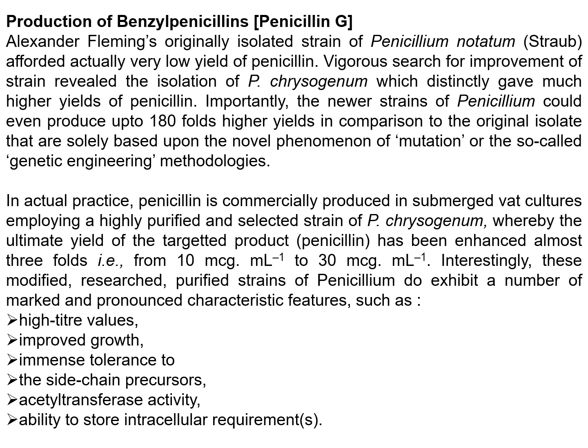They also have increased acyltransferase activity so as to convert isopenicillin N into 6-aminopenicillanic acid and subsequently to the penicillin G form. And they have the ability to store penicillin for their intracellular requirements, and that can still be converted into the penicillin G form whenever it is needed.